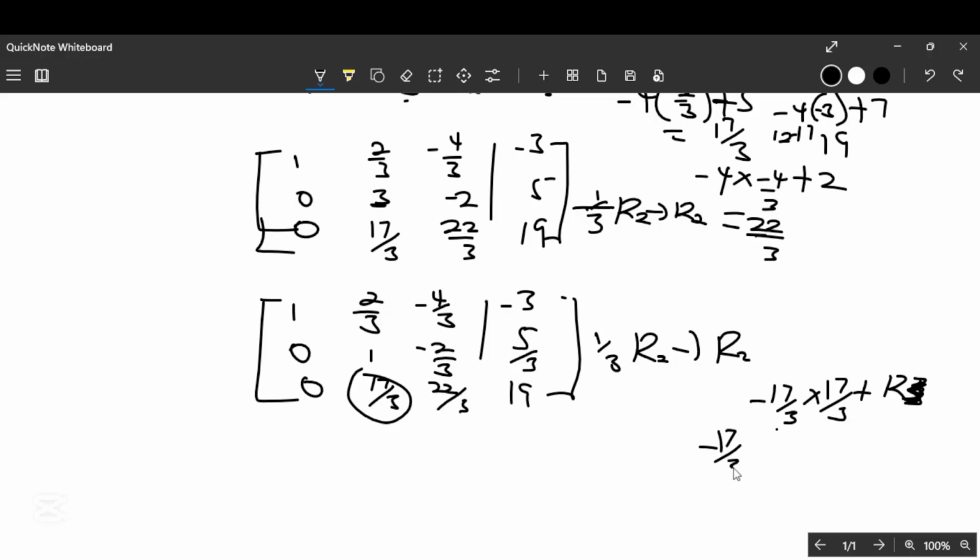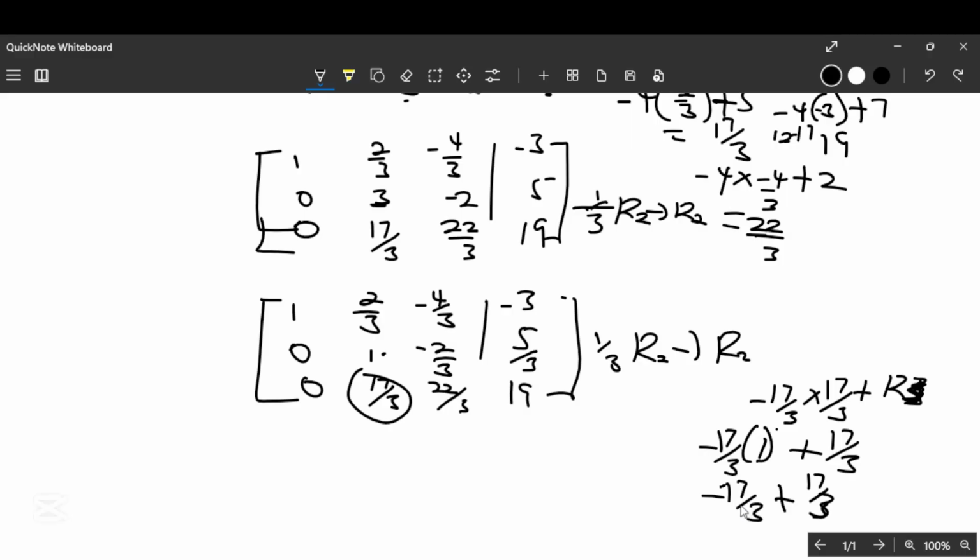Negative 17/3 of row 2 elements: let's pick this one, where the 1 is, plus row 3, which is 17/3. So we have negative 17/3 plus 17/3.